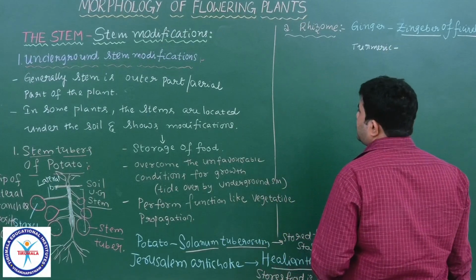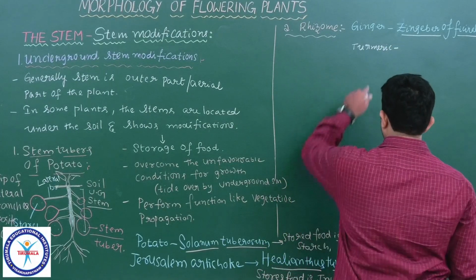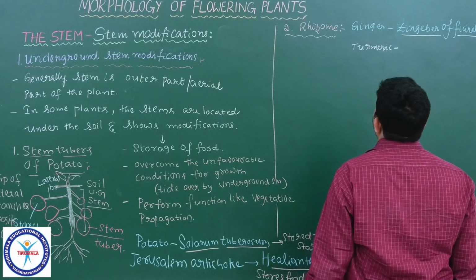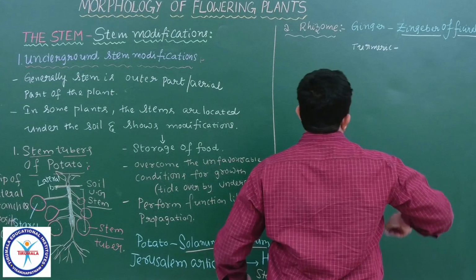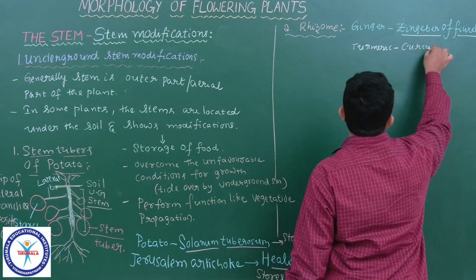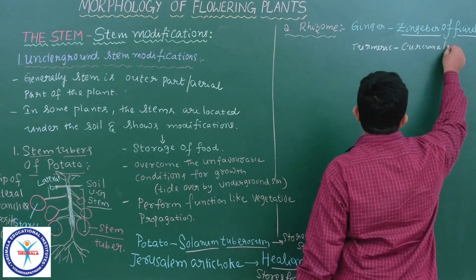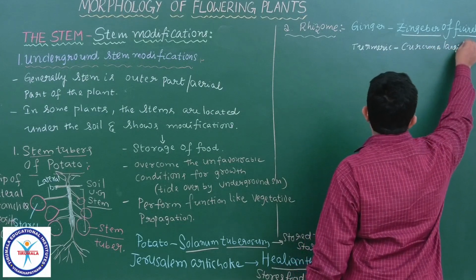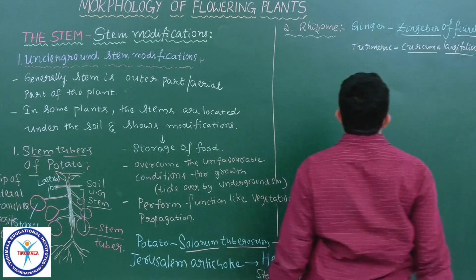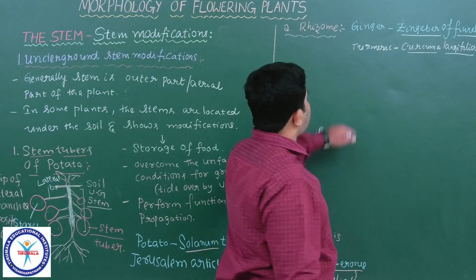In the preparation of food dishes and curries, we use turmeric in our daily life. The scientific names are Curcuma longifolia, Curcuma amada. All those are very good exemplary plants that come under turmeric.